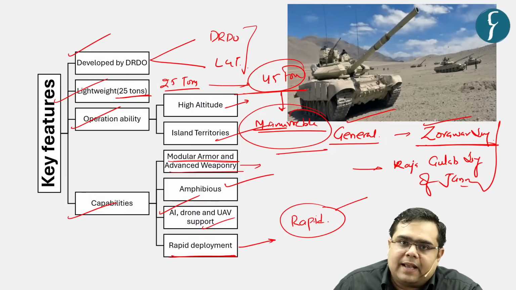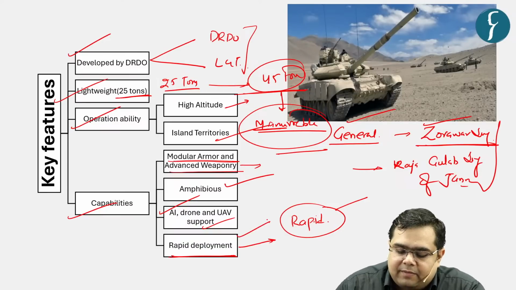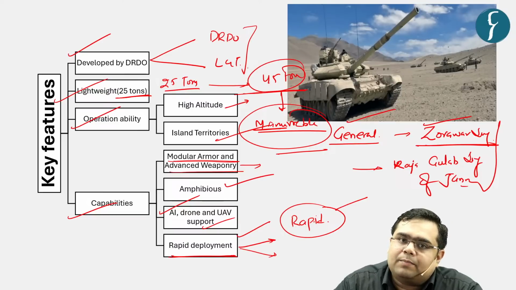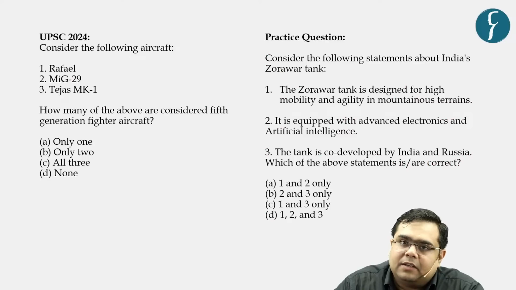Even Pakistan has a much better and smaller functioning tank when compared to the Indian side, and at the same time China was able to respond to the crisis in a much more efficient way, right? So first one being rapid deployment, and second one being the maneuverability of this tank. In this context, this particular tank is important.